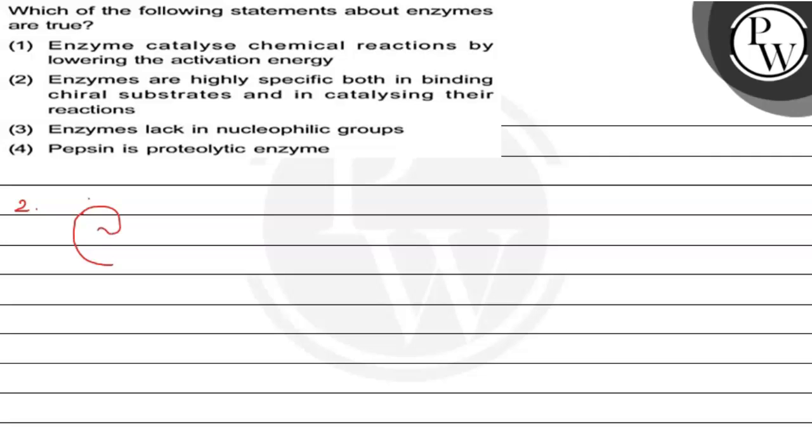So let's say we have an enzyme like this, a schematic representation, and there are two substrates. One is this and second is this. Okay, तो अगर हम इसकी शेप देखें एंजाइम पॉकेट की, it matches with this.